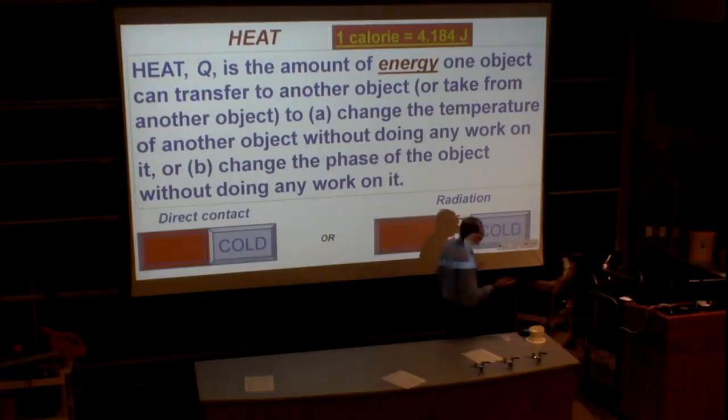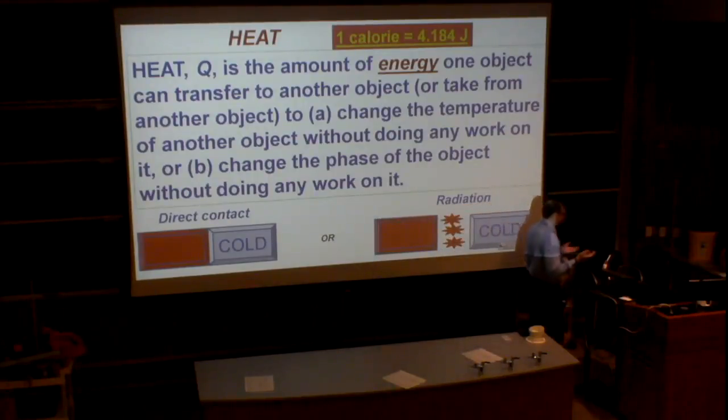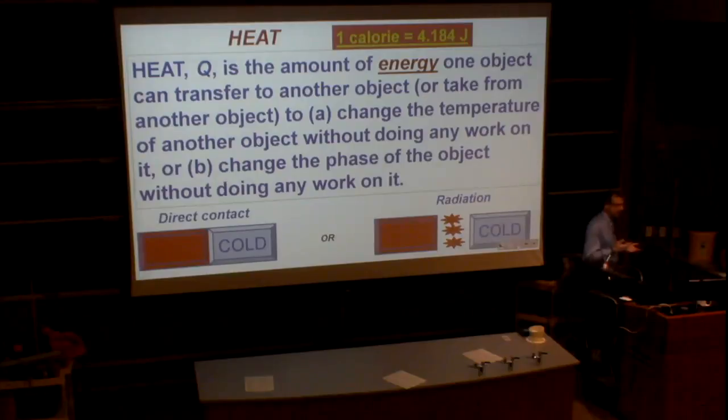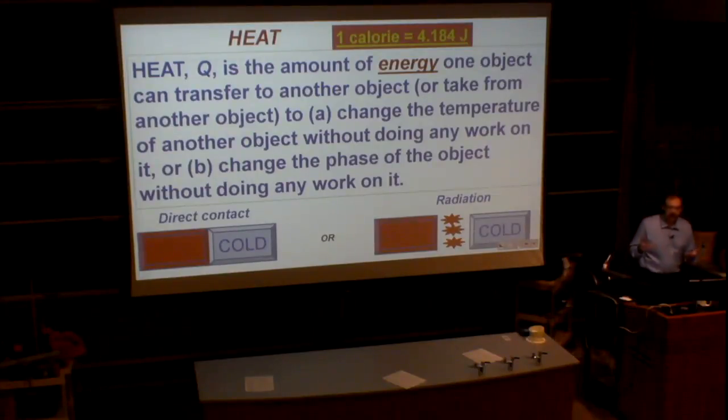And of course, we need to assign a specific variable which describes the amount of energy being transferred from one object to another. We call it heat. And we know it's energy, so we can measure it in joules. But historically, this amount of heat has also been measured in a special unit, calories.